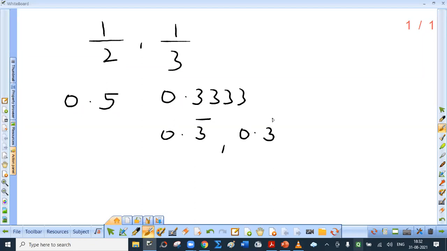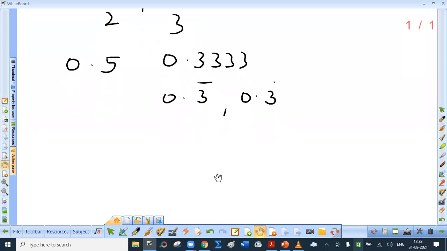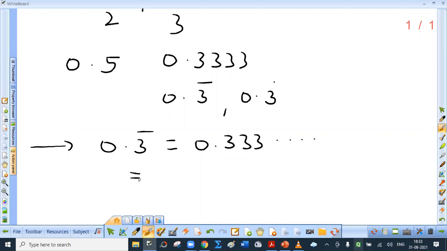Now, using the concept of sum to infinity of GP, we can express this recurring decimal as a rational number. I'll explain that, don't worry. See, what is 0.3 bar? As 3 occurs repeatedly, it is 0.3 bar. So I write this as 0.333 and so on. See the next step.